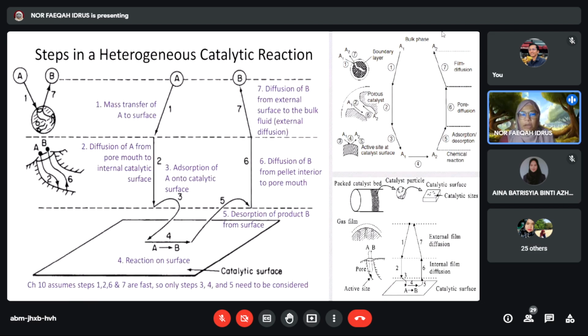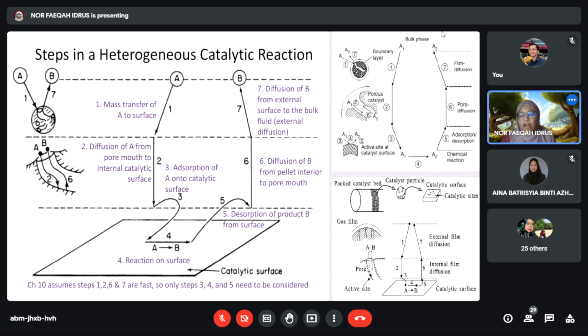Okay, now for today we will proceed with steps 3, 4 and 5, because steps 3, 4 and 5, which are adsorption, surface reaction and desorption, relate with each other.